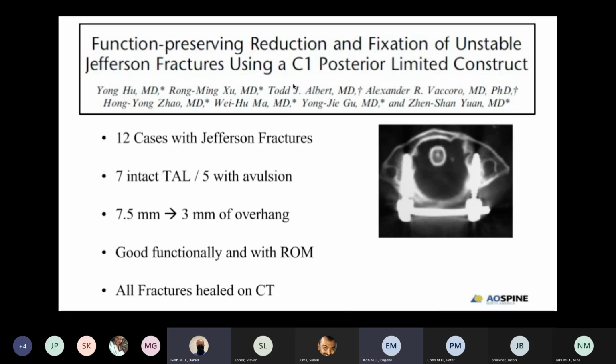Yeah, sometimes we've done that. But you've got to make sure your reduction is pretty good. If you dissect well enough, you can sometimes see where the fragments are in your posterior ring, and then you can try to match up the reduction that way, as you compress across the rods.